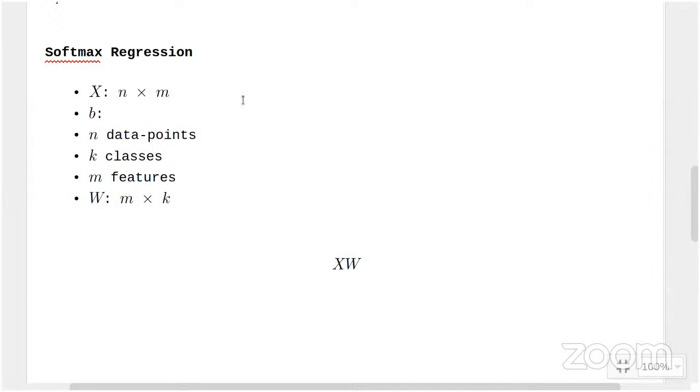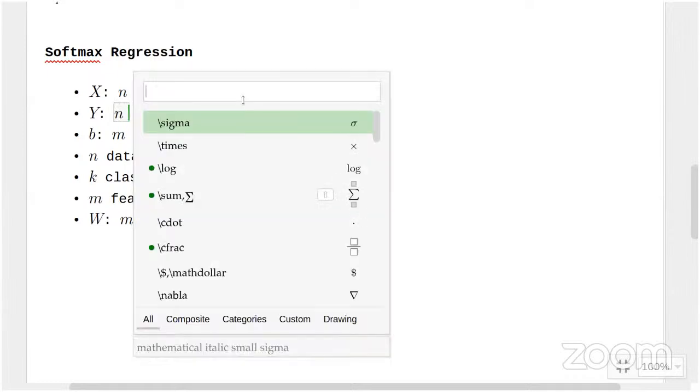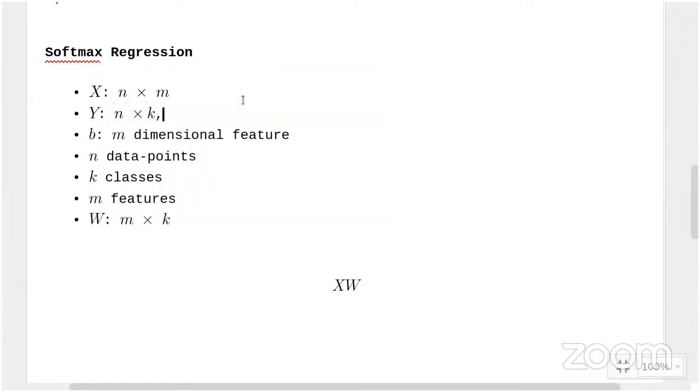So the dimensions of B will be what? I'll just write it as a feature-dimensional vector. Instead of a label vector, you have a label matrix of size N cross K.